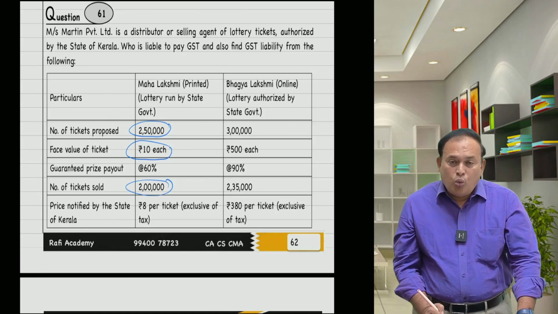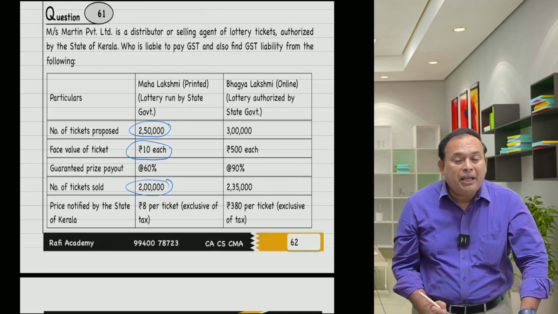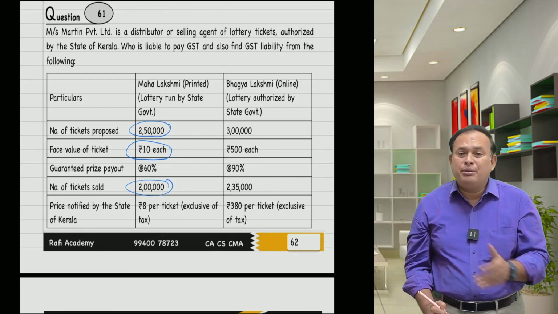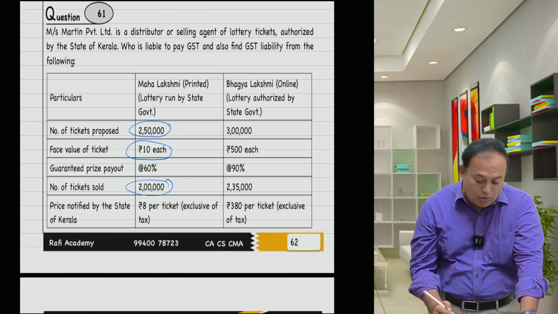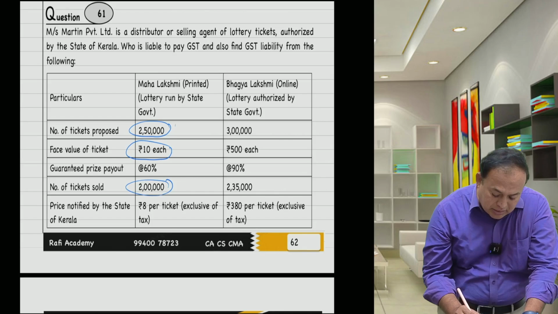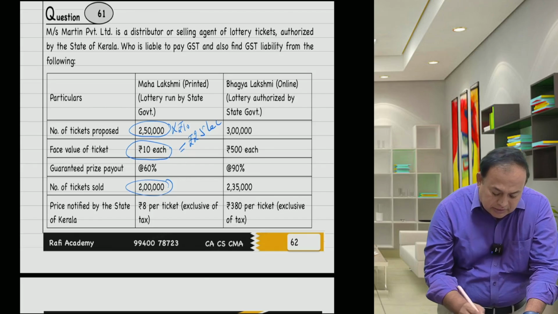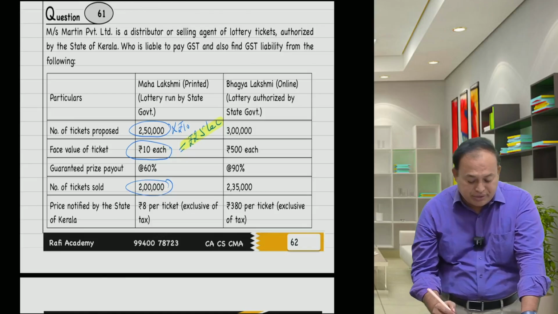Now, what is the number of lottery tickets supplied by the state of Kerala to Martin, namely the recipient? 2,50,000. So on 2,50,000 tickets, at 10 rupees per ticket, it will give you almost 25 lakh. Is it clear? This 25 lakhs is inclusive of GST.